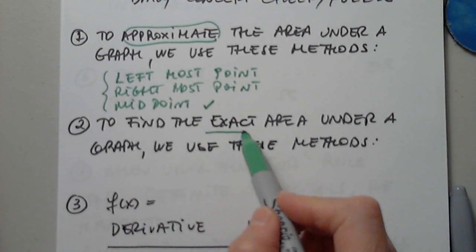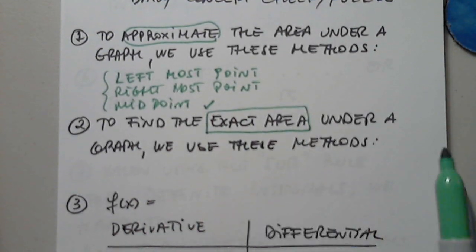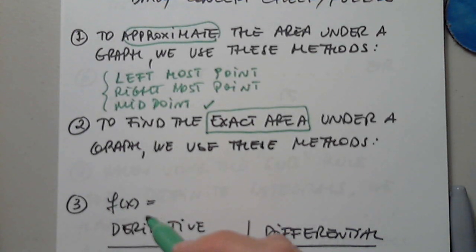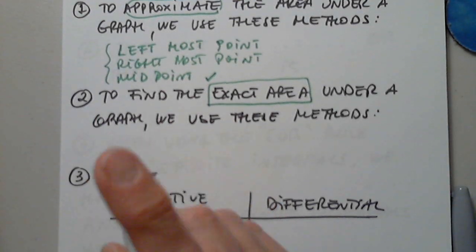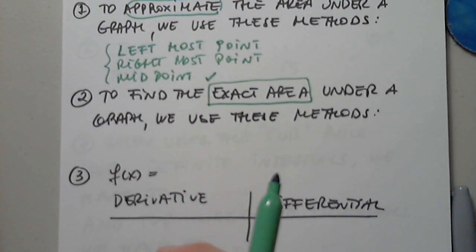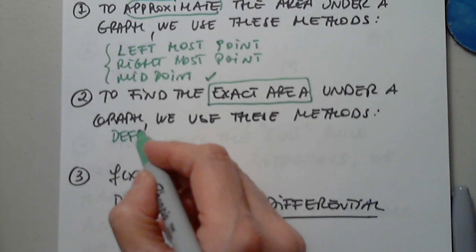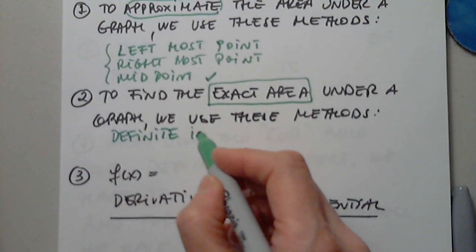To find the exact area under the graph, we use these methods. What are they? The definite integral, fixed, right? And what else?